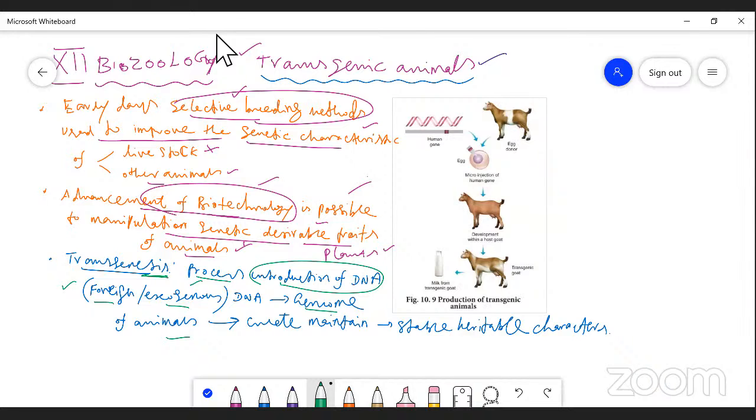When the DNA is introduced into the genome of an animal, it creates and also maintains a stable heritable character. That process is called transgenesis. The DNA which is extracted from healthier organisms, right?